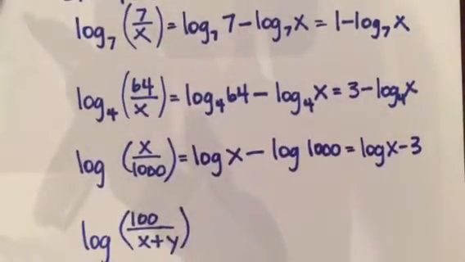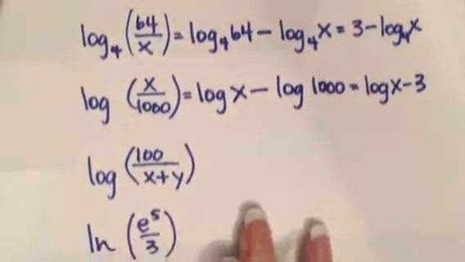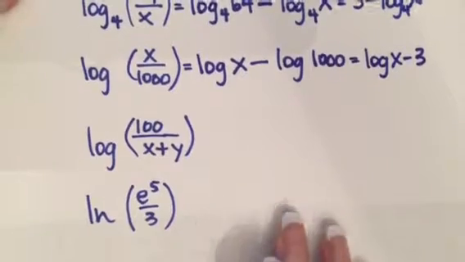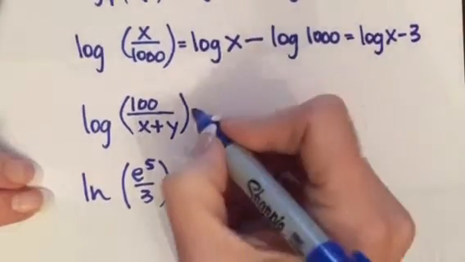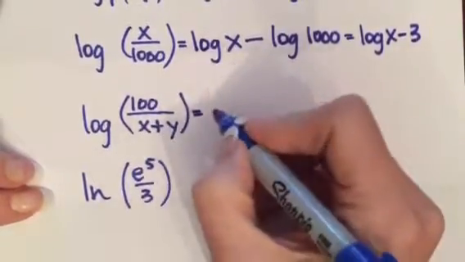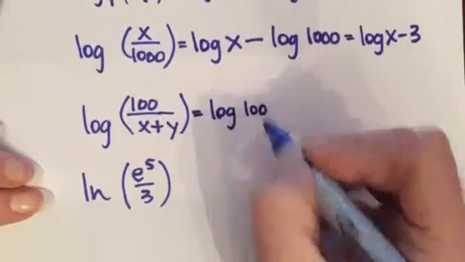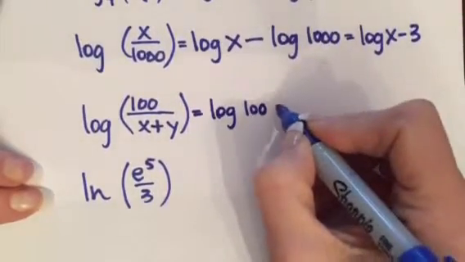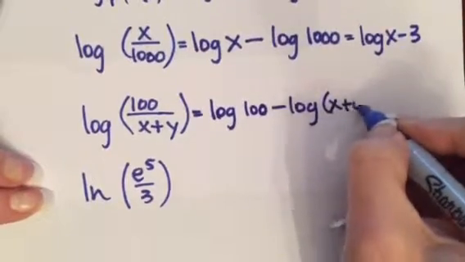All right, now we're going to continue. We've got 2 more examples here. All right, so this one is, again, a division. So log of 100, and we're going to subtract from that the log of x plus y.